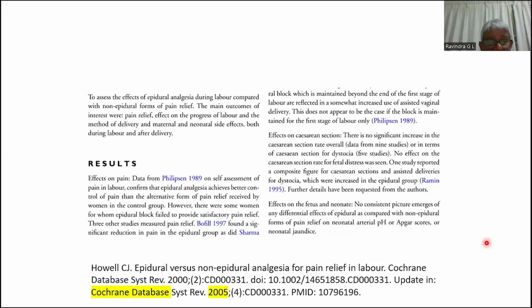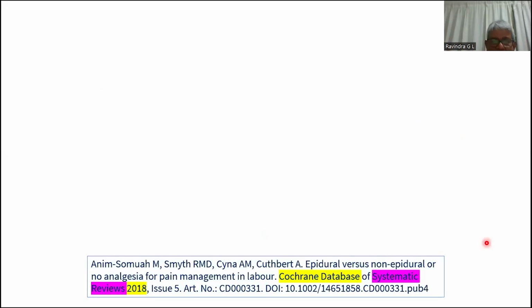If you take the Cochrane database, which is a slightly more recent one, a 2005 article, and many articles after that, there is no significant increase in the caesarean section rate overall between the epidural group and the non-epidural groups.